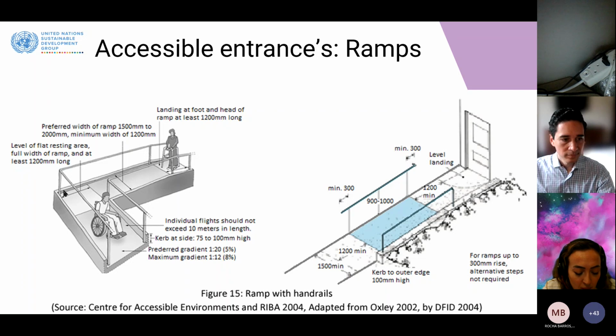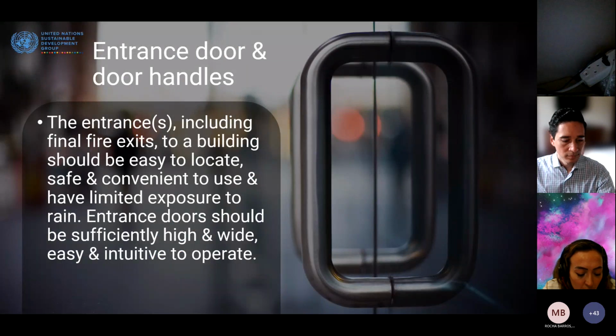So as for the main entrance, as we said in the beginning, automatic doors and electrically operated doors are the best because they require no force whatsoever from the users in order to operate them. And you can see there are specifications for the door width that should allow wheelchair users to enter.